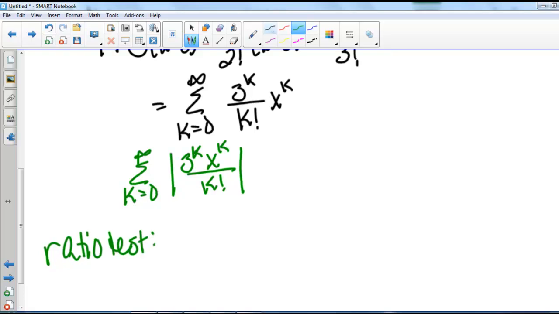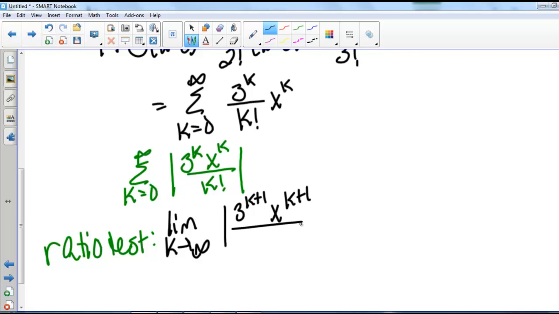So we find the limit as k goes to infinity of the absolute value of 3 to the k plus 1 times x to the k plus 1 divided by k plus 1 factorial, divided by the absolute value of 3 to the k times x to the k divided by k factorial.